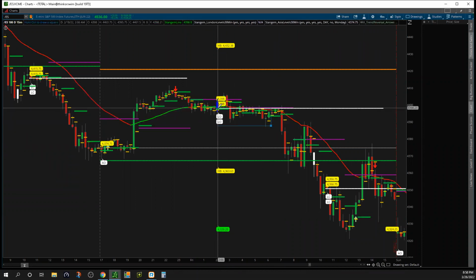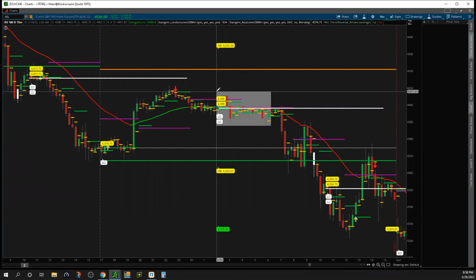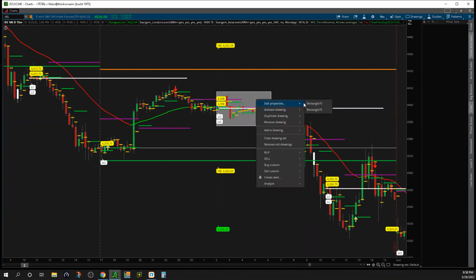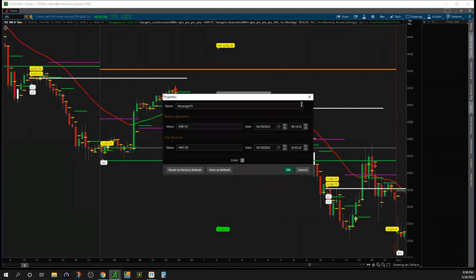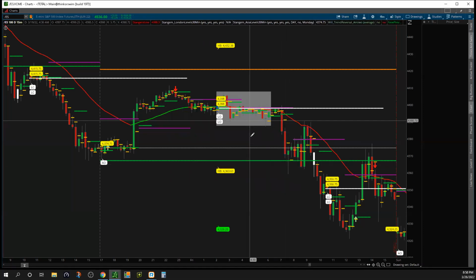London open. Got a high right there. Change to green because we love green.